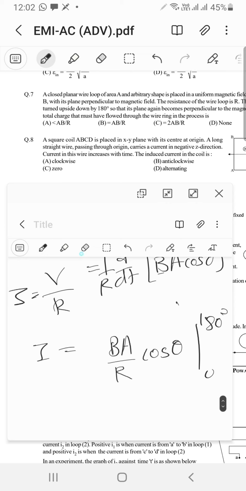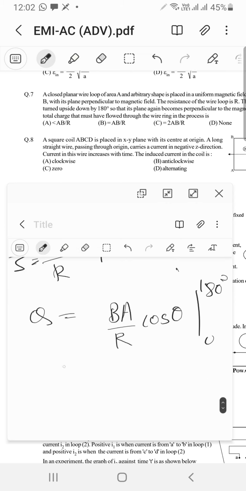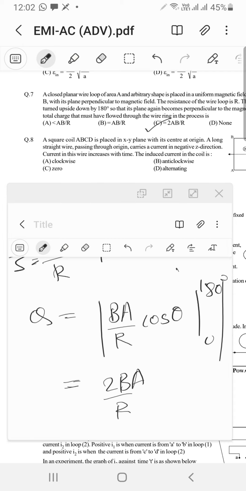That's right. Oh, we should not say I, it should be q, because integration of I dt, that's q. So just magnitude, right? Just the magnitude of this thing. So 2pa upon r, that's the charge that had to go. So it's equal to 2 ep upon r.